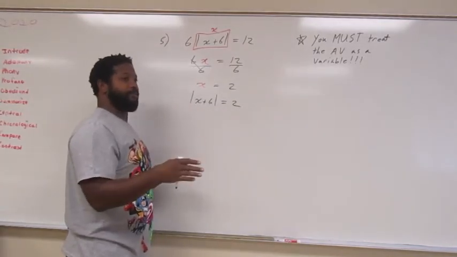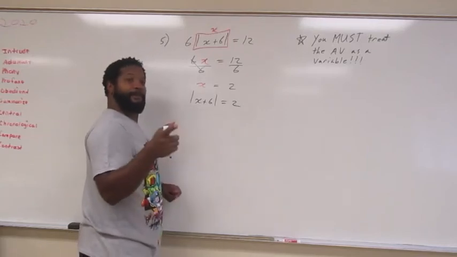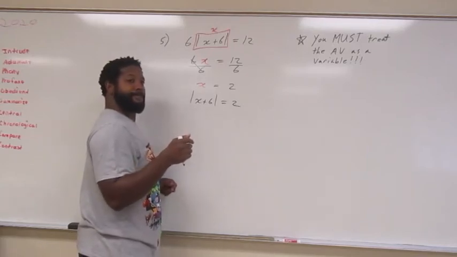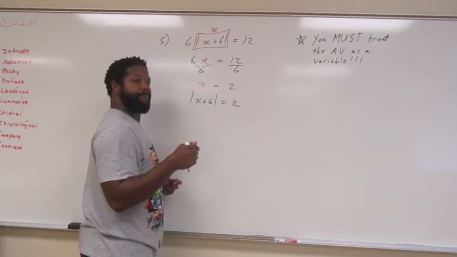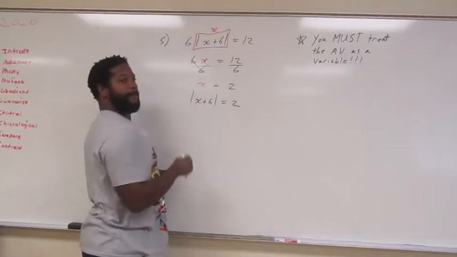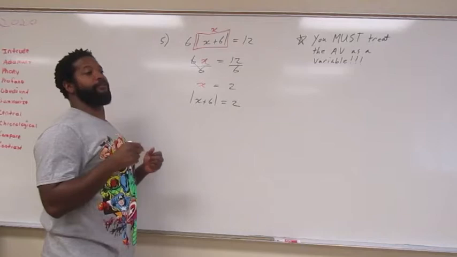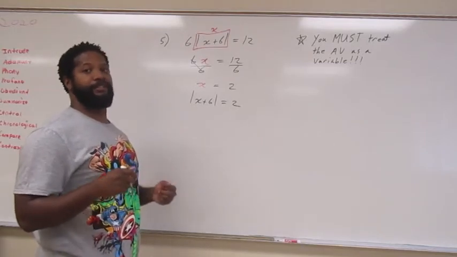Okay, the more you do it, I'll help. So without doing that technique, it just looks something like dividing a 6 off of both sides, right? Yeah, you have to get your absolute value by itself each and every time.